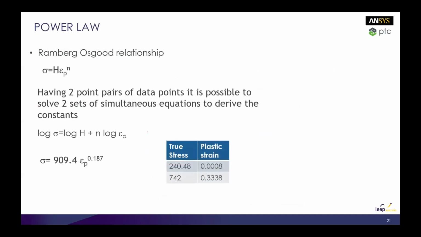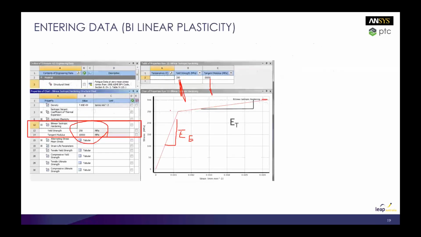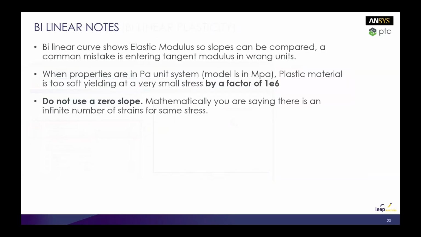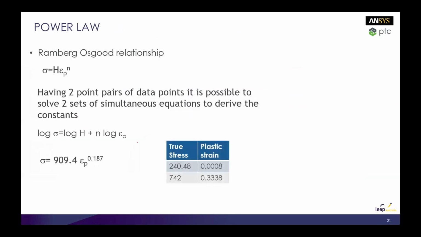Okay, so with those two data points that we had, so this one and this one, we can construct what's called a Ramberg-Osgood relationship. There's no reason why you can't represent this on a log-log curve, so you get a straight line.